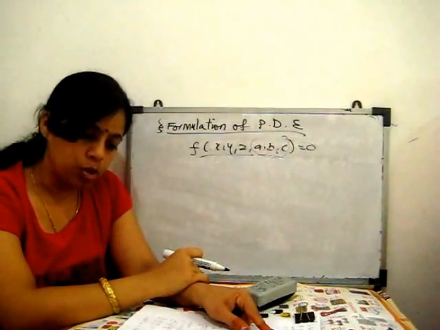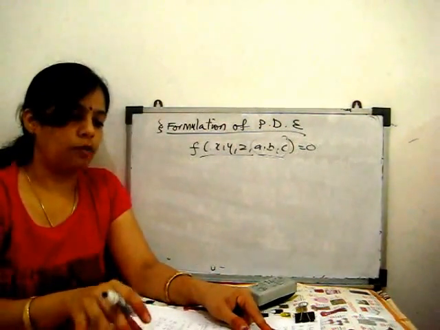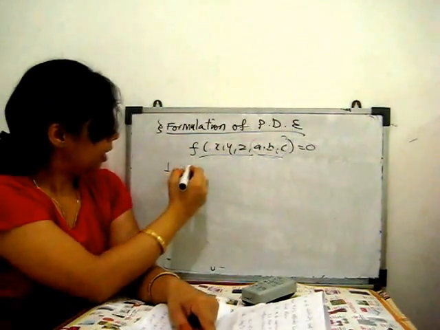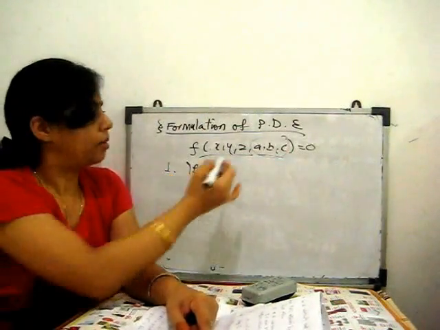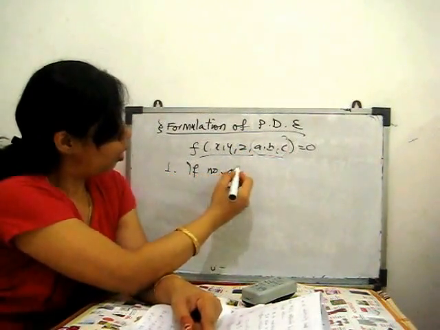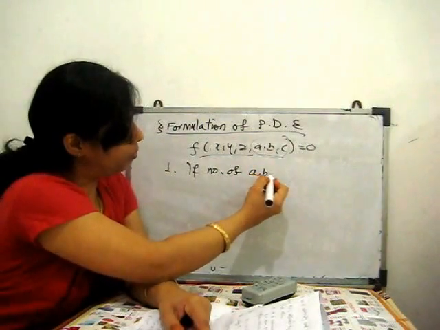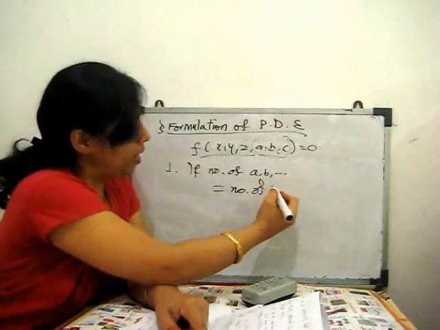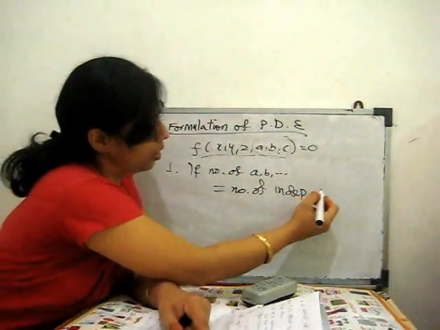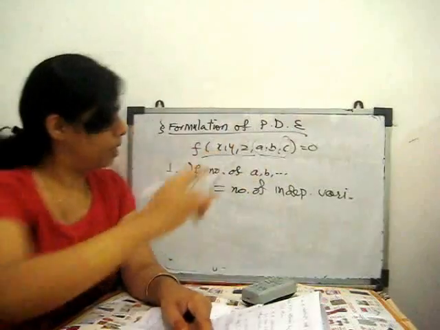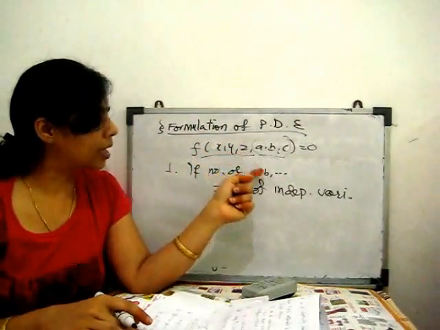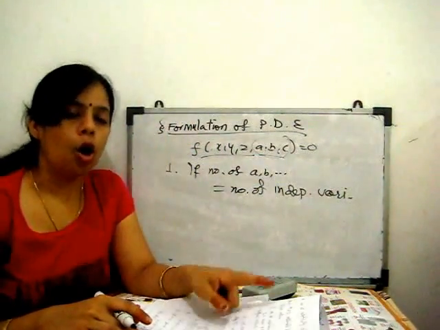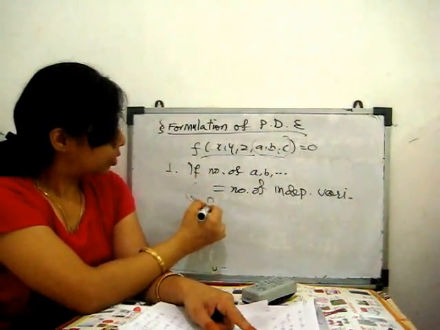So there are some rules for this. What are the rules? I tell you. First one: if the number of arbitrary constants a, b, c is equal to the number of independent variables, it means if we have two independent variables and only two constants, then the partial differential equation always comes in first order.